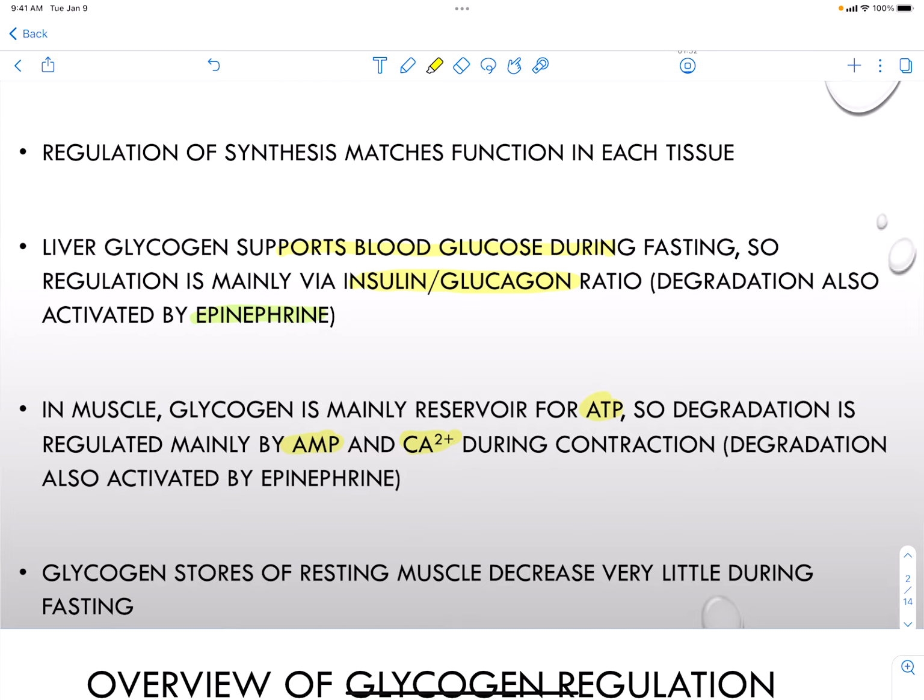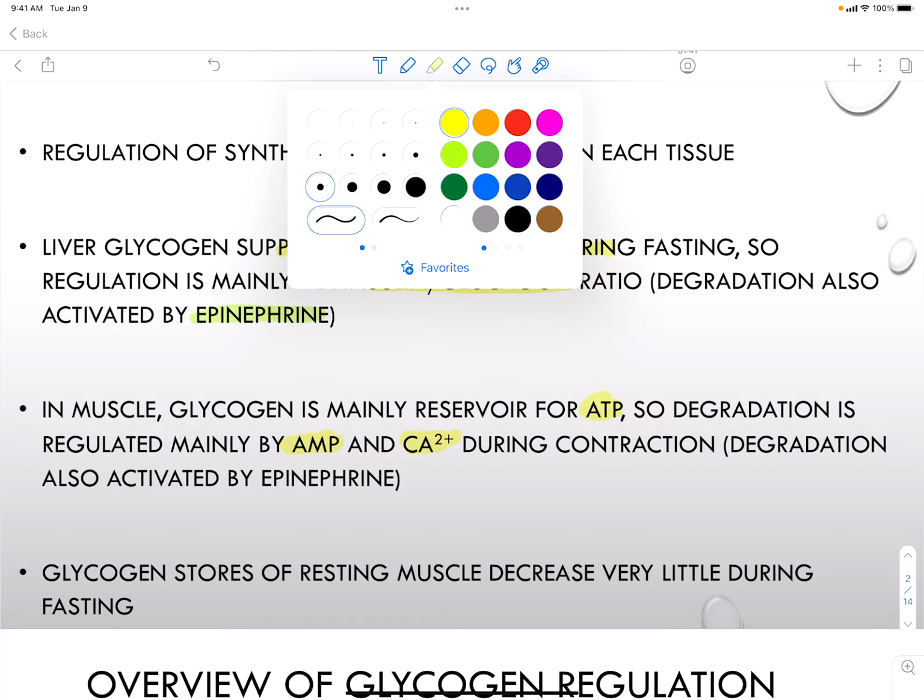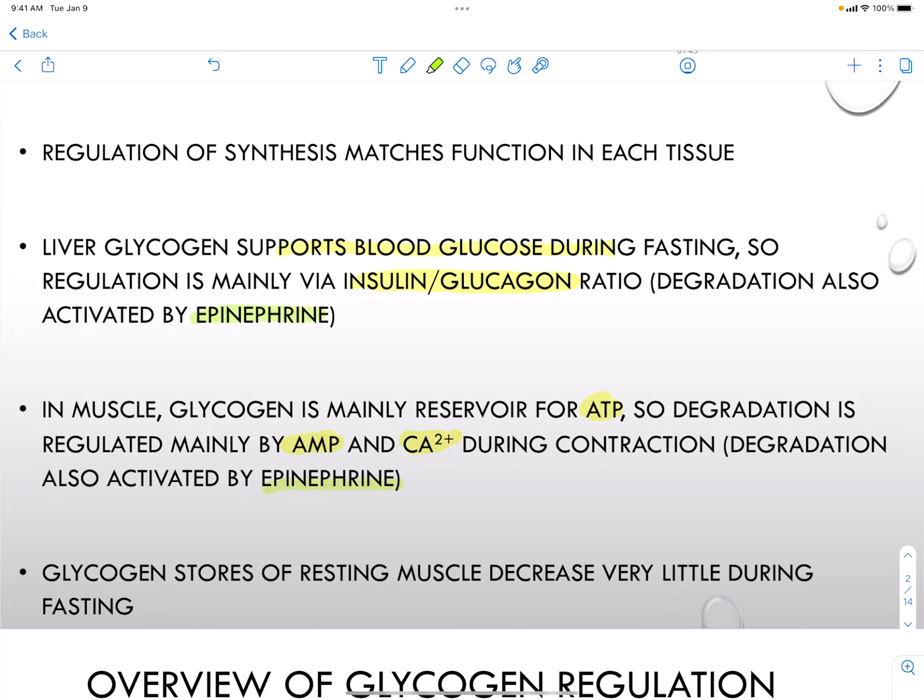And so during muscle contraction, calcium will trigger the glycogen to be broken down as well for a source of energy. As with your liver, epinephrine can also trigger your mobilization of stored glucose in the form of glycogen and breaking down those stores.